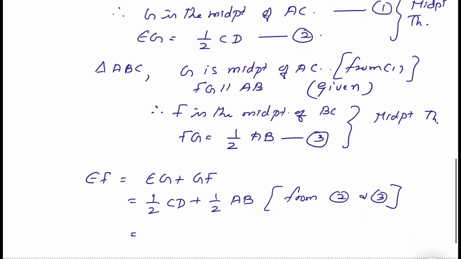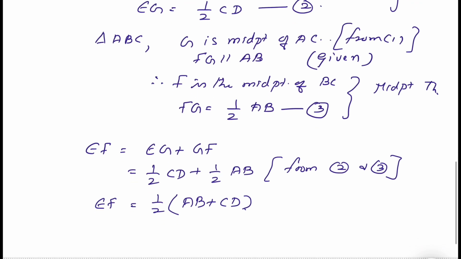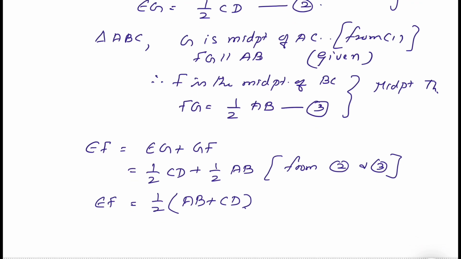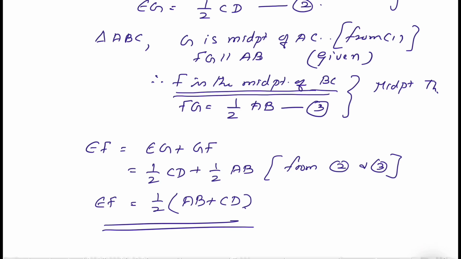So, this is equal to half into AB plus CD. We had to prove this also, F is the midpoint of BC also, and EF is equal to half of AB plus CD.